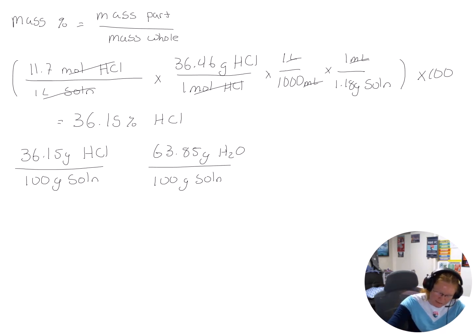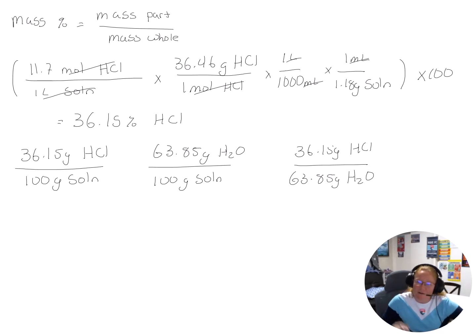So that also tells me I have 36.15 grams of hydrochloric acid for every 63.85 grams of water.